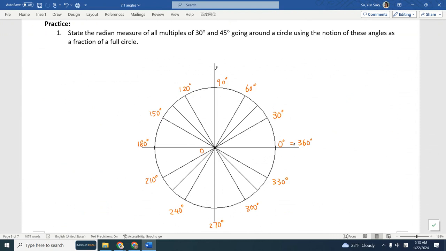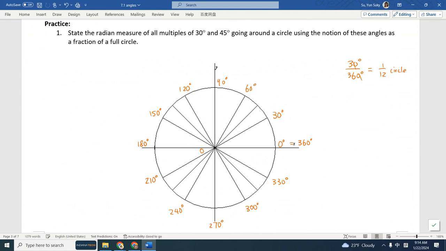And we also want to write down these angles as a fraction of a circle. We know one full circle is 360 degrees. And 30 degree over 360 degree is what? Cancel the 0, 3 over 36 is 1 over 12.